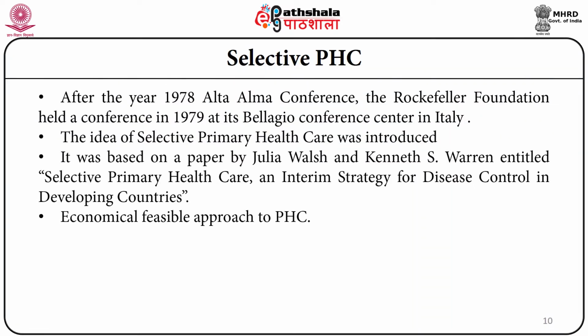Then came the section of what is selective primary health. After the year 1978, Alma Ata Conference, the Rockefeller Foundation held a conference in 1978 at the Bellagio Conference Center in Italy. The idea of selective primary healthcare was introduced.